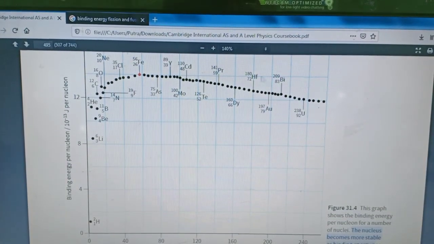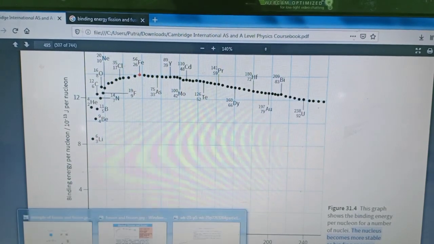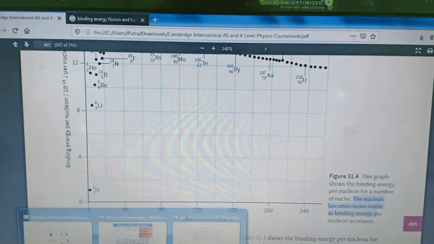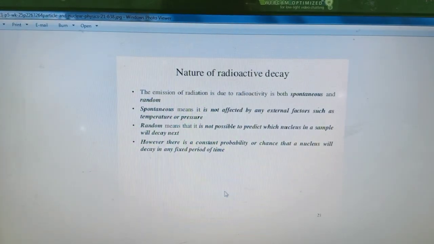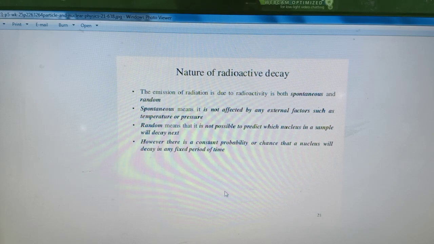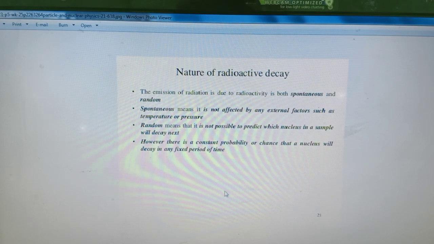The next thing is randomness and decay. We have actually discussed this previously when we discussed the A-level questions. That is about the nature of radioactive decay. The emission of radiation due to radioactivity is both spontaneous and random.